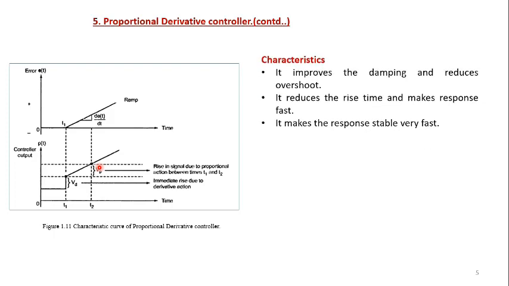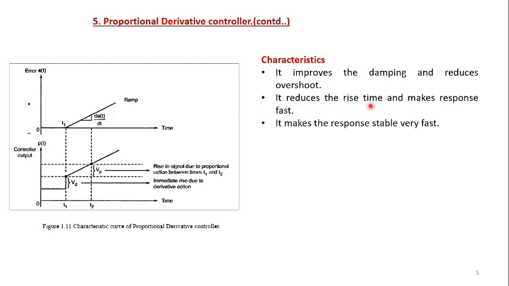The PD controller has one important characteristic: it improves the damping and reduces overshoot. Whatever overshoot happens with a proportional controller, it damps and reduces, working like a shock absorber, if we compare it to a hydraulic or suspension system.